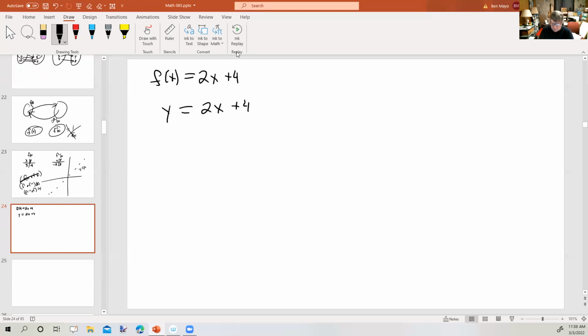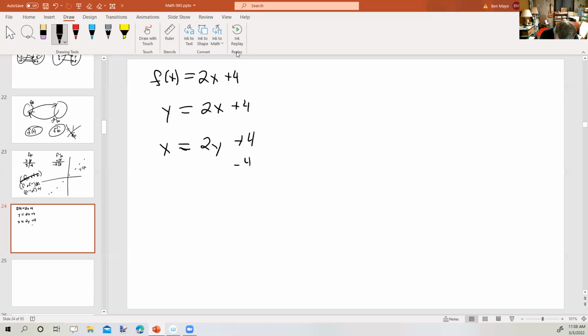The second step, interchange all the x's with all the y's in that original equation. So we get that. The third step is to solve that new equation for y.